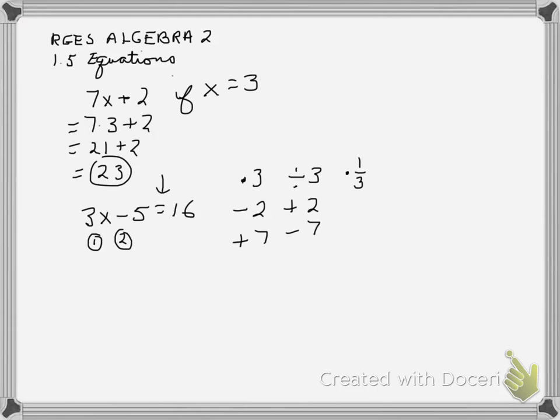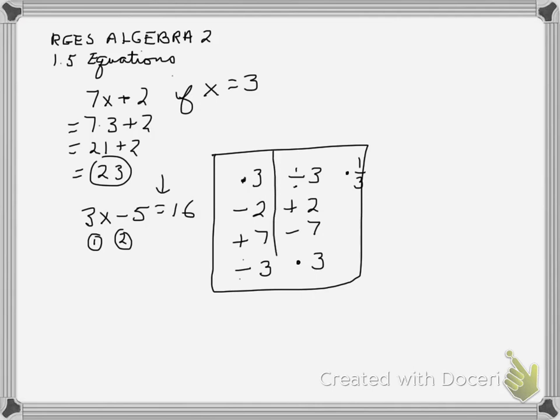And if I'm going to divide by a number, what would undo that? Multiplying by the number, right? This is the basic chart on how I undo an operation. So this is all review from Algebra 1.